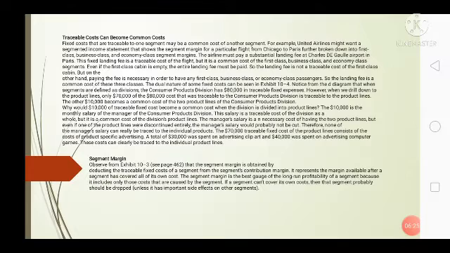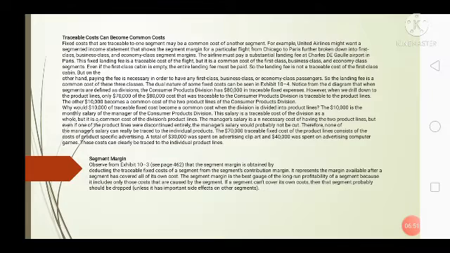Segment margin: as we observe from Exhibit 10-3 on page 462, the segment margin is obtained by deducting the traceable fixed costs of the segment from the segment contribution margin. It represents the margin available after deducting traceable fixed costs.